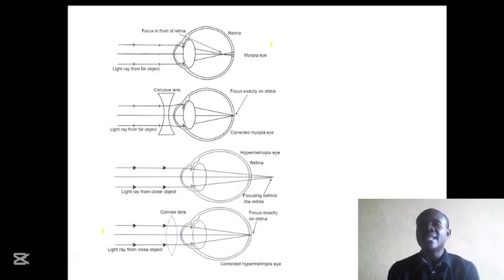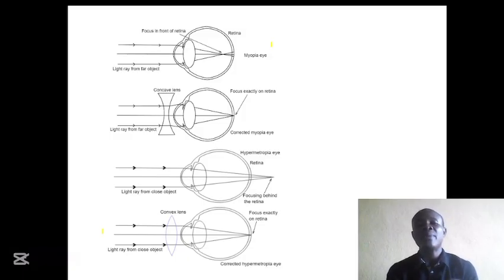On this slide here, I'm going to explain myopia and hyperopia in diagram: how the image is formed in myopia, how the image is formed in hyperopia, and how they are corrected. Also, when I was explaining myopia, I failed to tell you that in myopia, the person is short-sighted.